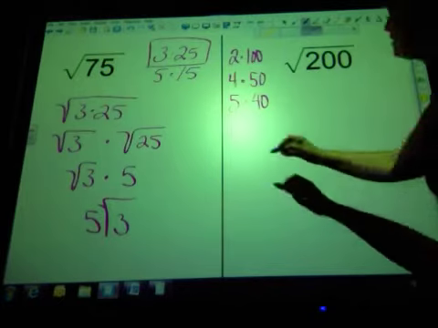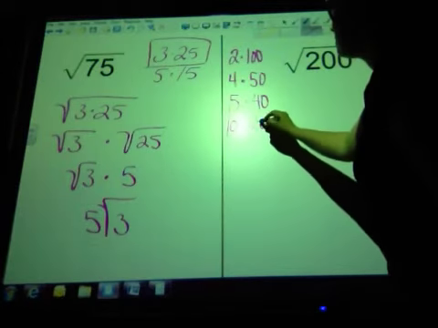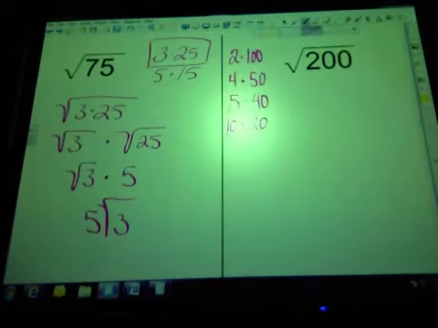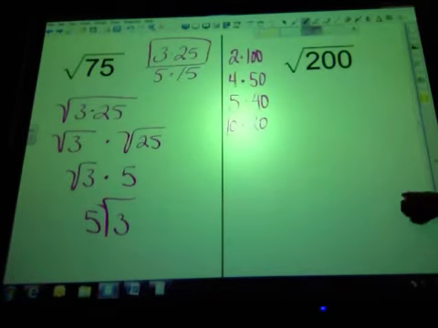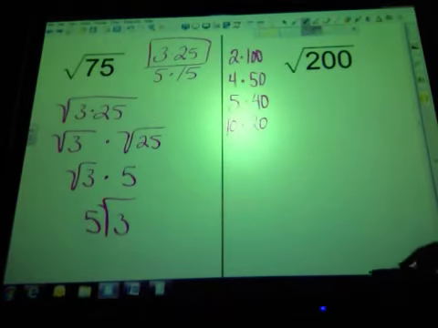I could do 10 times 20. So I want to look at the one with the biggest square number. So I have several in there that I know I can break down farther. Actually, all of them could be used. Some of them just require more work. To get the one that has the least amount of work, you're looking for the biggest square number.